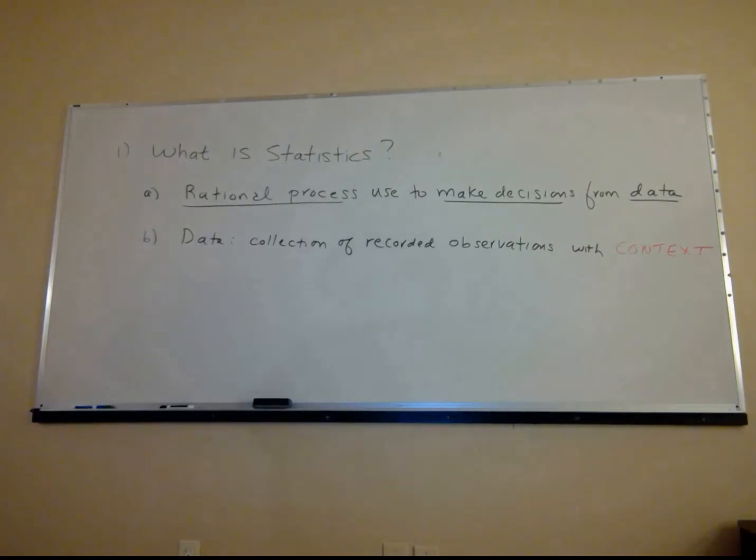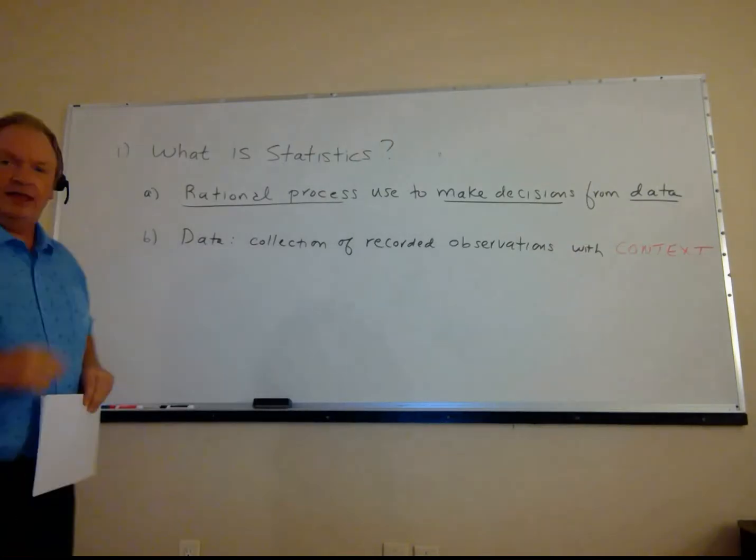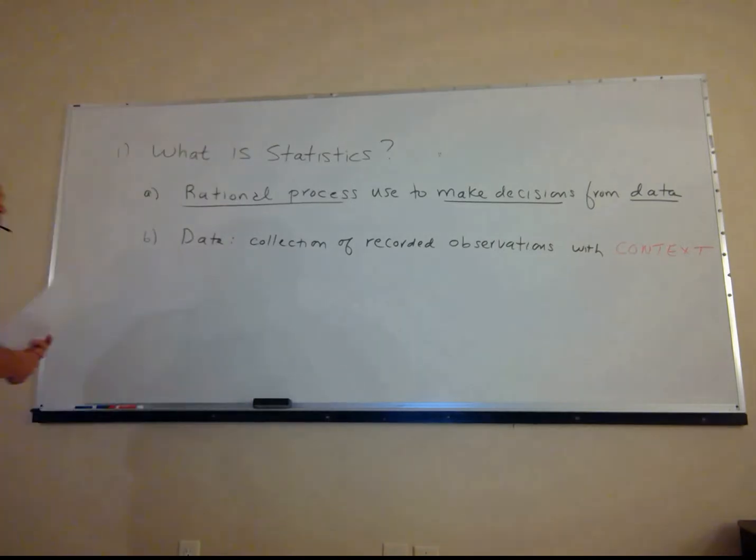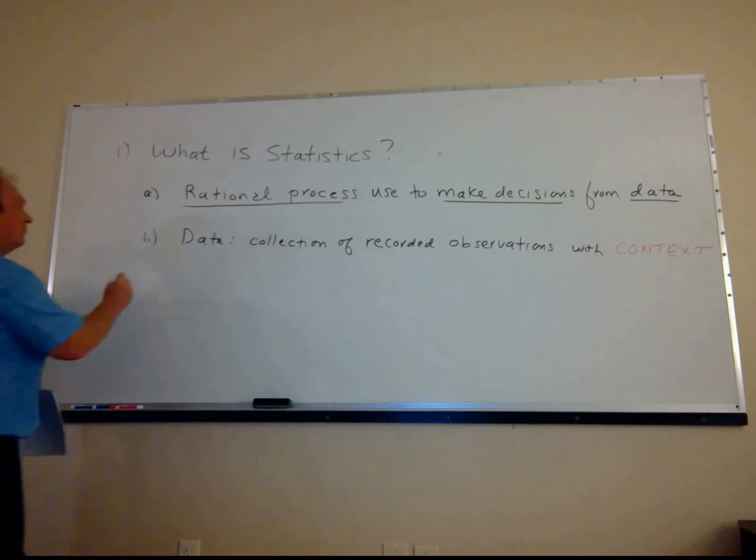And we talked a little bit about what context was in the introductory video, right? We said that context is really the background information we need to make sense of the data.